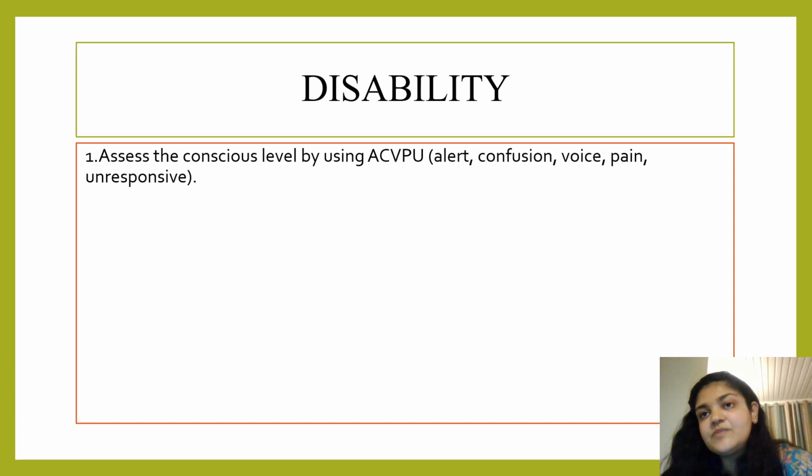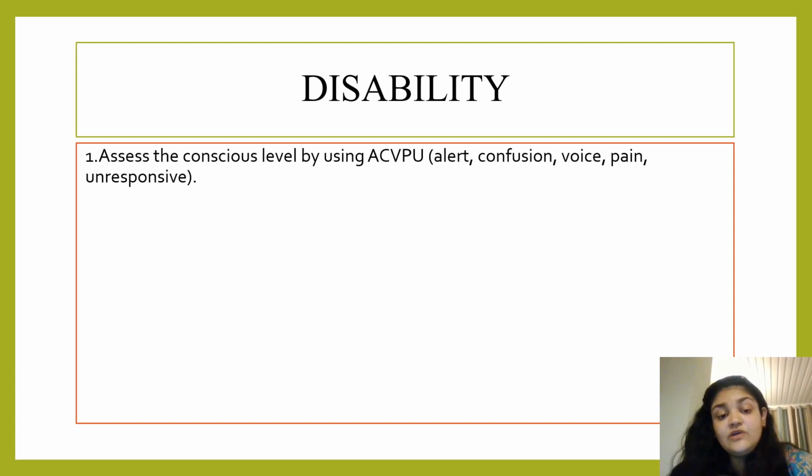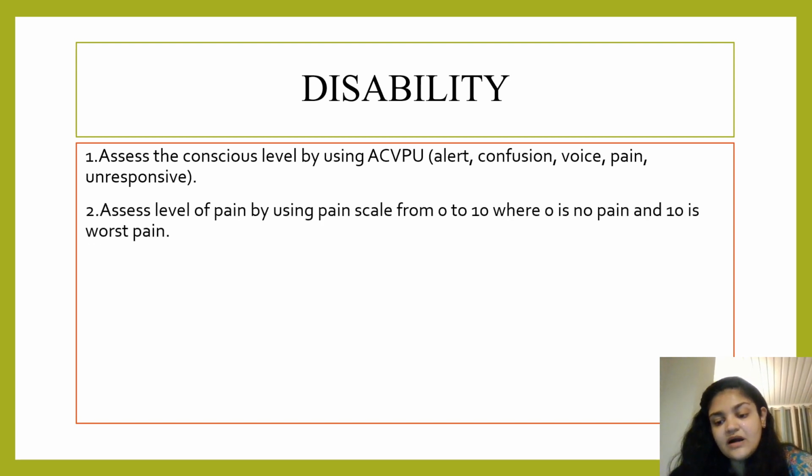Usually the patient is alert because they have to assess your assessment criteria, and the patient can be confused if they have a new onset of dementia or new confusion. You have to mark that in your NEWS score. I give you a tip: whatever you assess, simultaneously you have to document that. That saves your time as well.